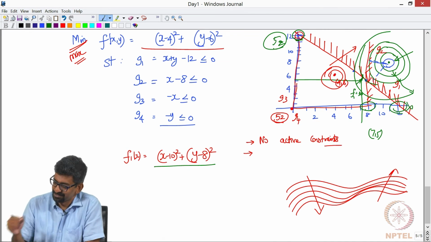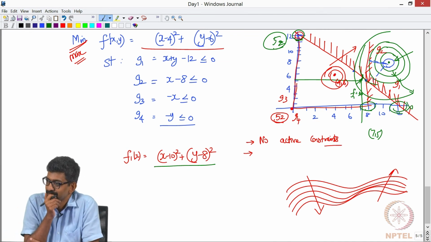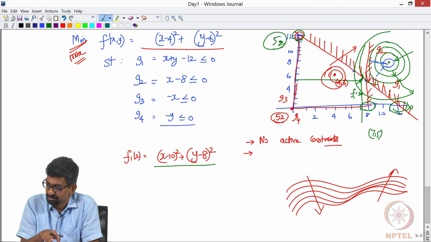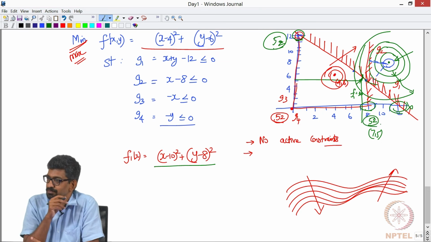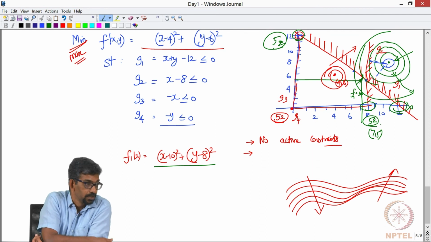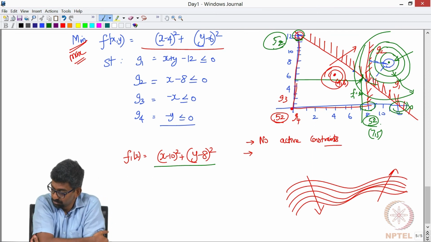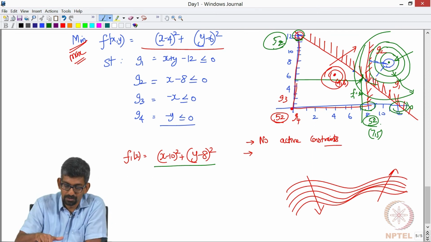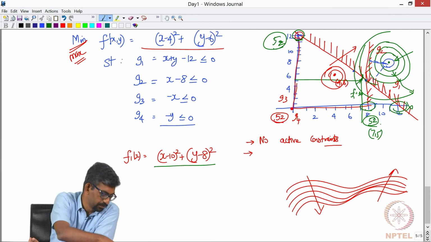This is not the point, this point. 8 minus 4 is still 4, 6. So, that is also 52. That is y equal to 0. That is 16 only. Y equal to 0. So, 6 squared is 36, 8 minus 4 is 16. So, it is 52, the function values, right.